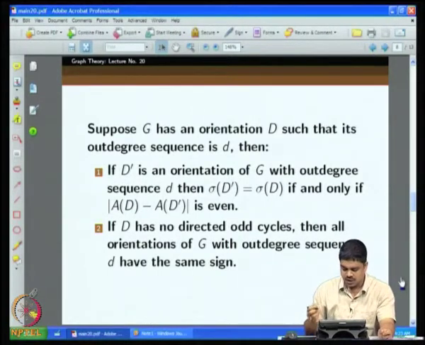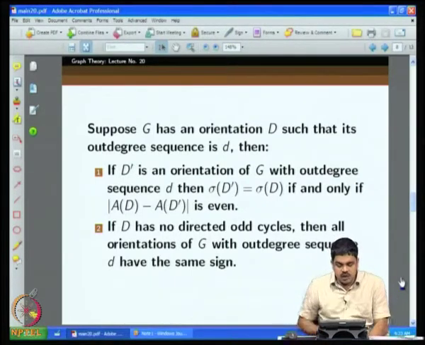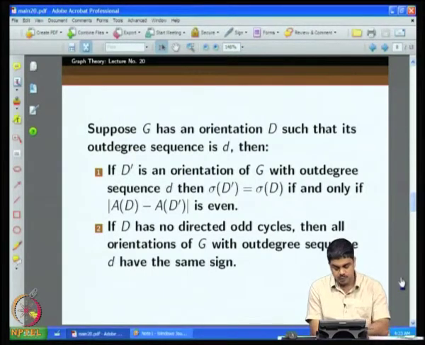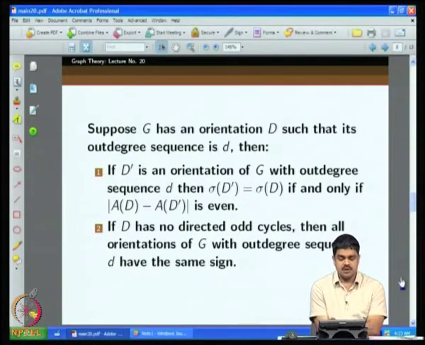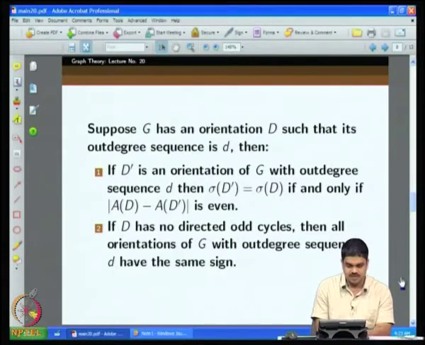So, how do we show this? Suppose D dash is an orientation of G with out degree sequence d. The sign of two orientations will be the same if and only if the difference, AD minus AD bar, is even.